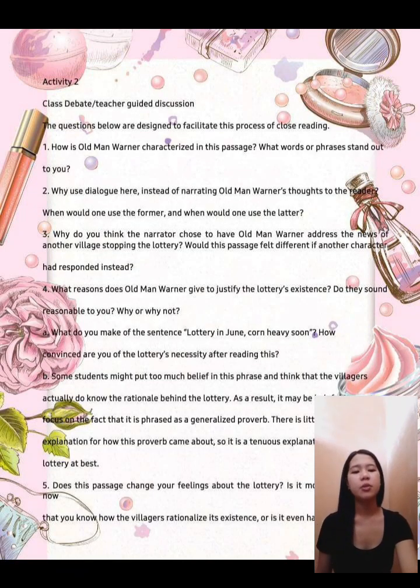In Activity 2, the class debate and teacher-guided discussion, the questions below are designed to facilitate this process of close reading.